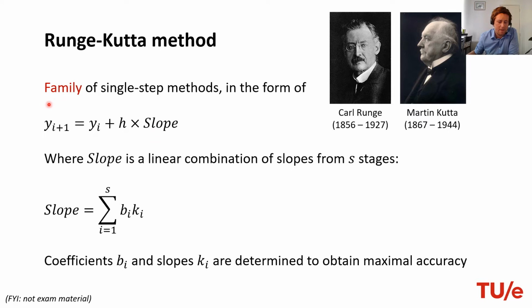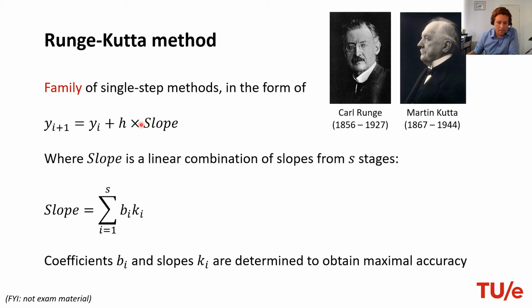And we've seen that actually all the methods we've seen so far fit this description. This framework was invented by Karl Runge and Martin Kutta, two German mathematicians in the late 19th, early 20th century.